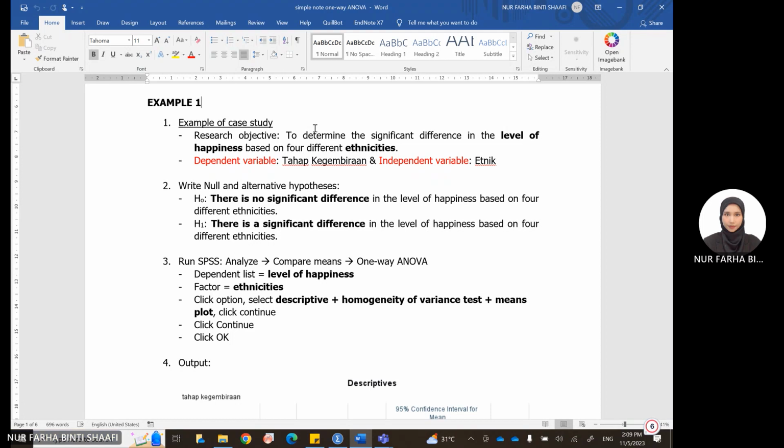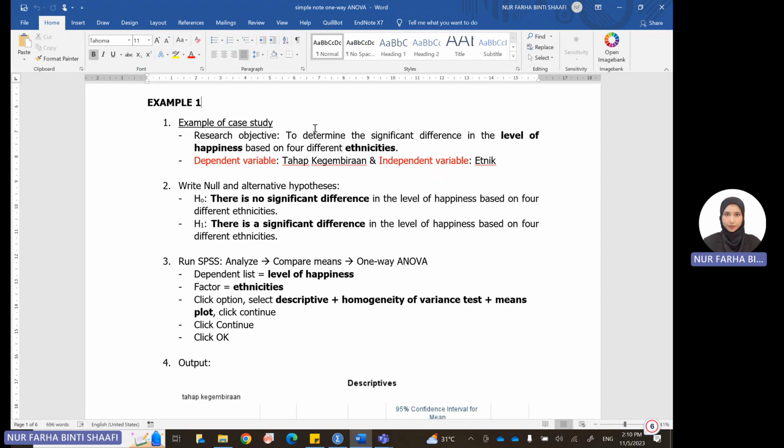From this research objective, you have discovered your variables. I write them in Malay because your SPSS data is written in Malay: tahap kegembiraan. Second one is ethnic.